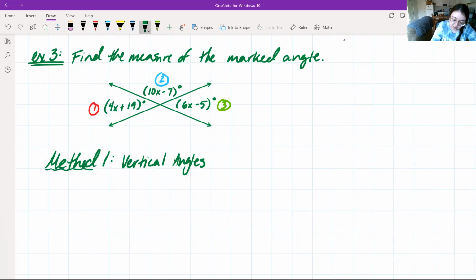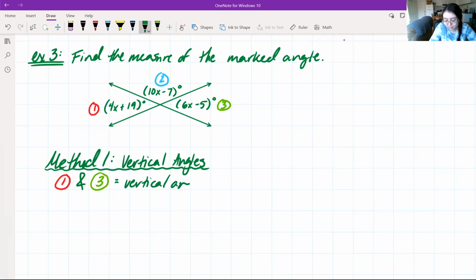We determined that vertical angles are equal to each other, and our vertical angles in this case are 1 and 3. These are our vertical angles. So 1 and 3 are equal.